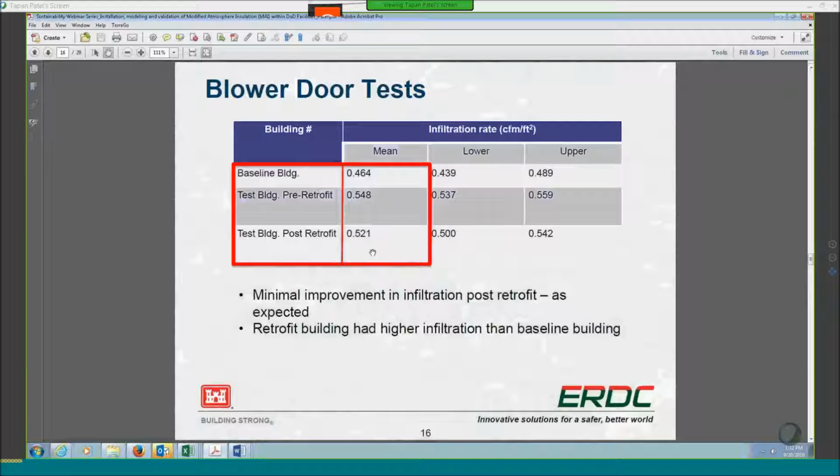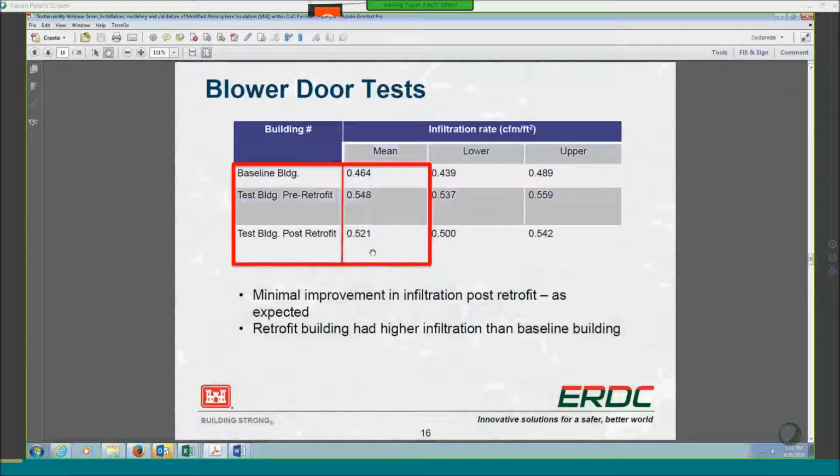And the reason for this is, again, as I mentioned earlier, the MAI panels and the zip tape are both barriers to air. And so if our entire facility had been covered with these panels, we would have expected a much better infiltration value.